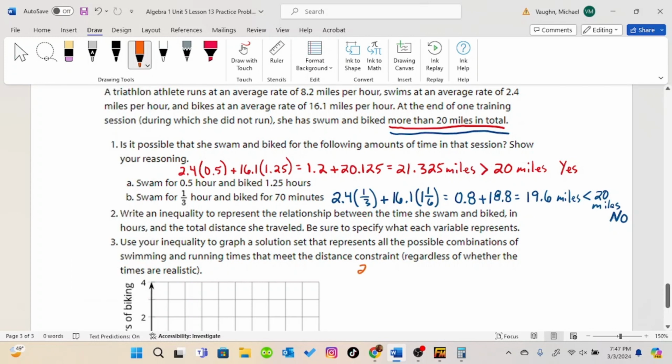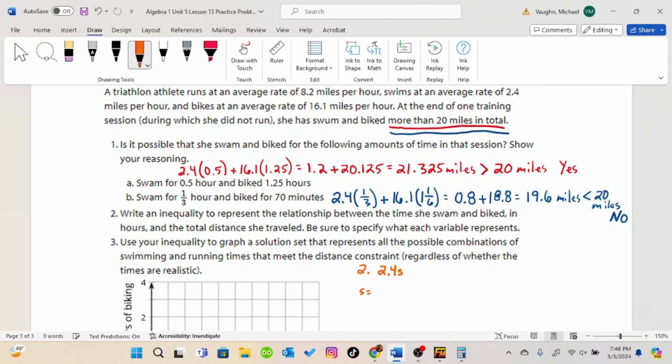So I'm going to put this down here, number 2. We would have 2.4 times S, and S is going to be swimming.